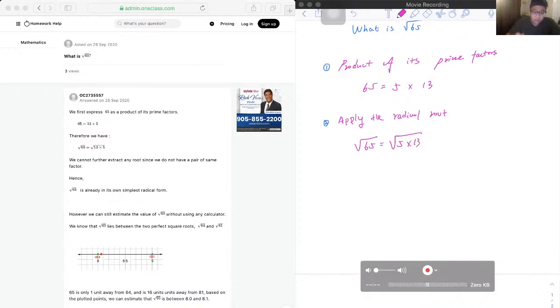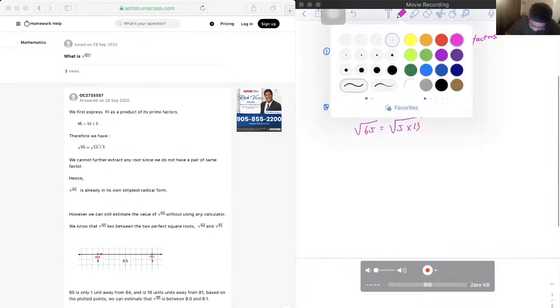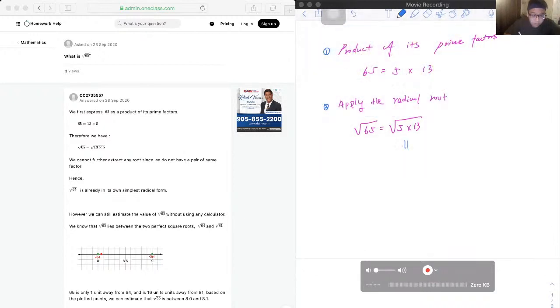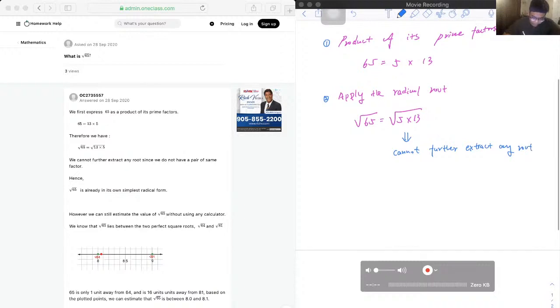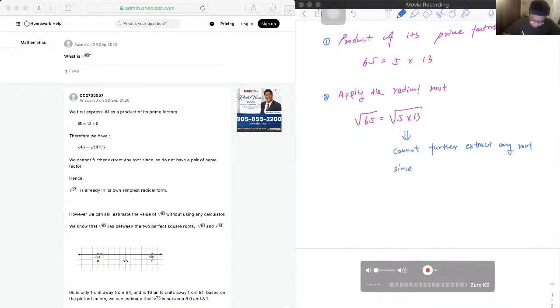In this case, we cannot further extract any root since we don't have a pair of same factor. So let's mark it down here: cannot further extract any root since we don't have a pair of same factor.